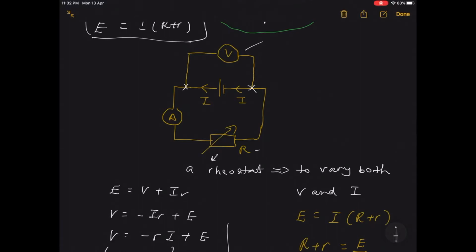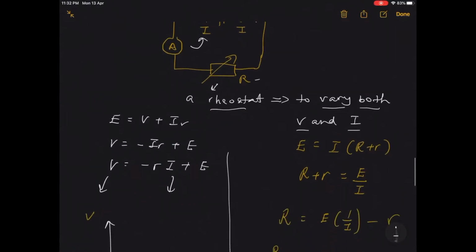So we put ammeter in series with the circuit in order to measure the current. And we have a rheostat. It's a variable resistor. It's for us to change or to vary both the voltage and the current. As you know, E is equal to V plus Ir. So we encountered this, don't know how many times already.